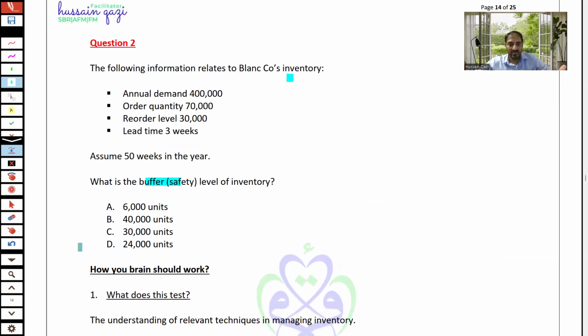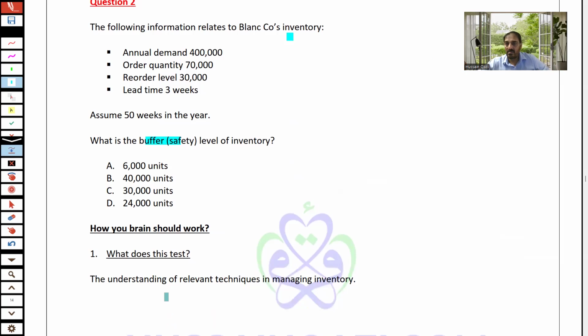Now, how should your brain work? Understand the relevant technique of management in managing inventory. Very simple. That's buffer inventory. First of all, you have to recall the formula for buffer inventory, or the minimum stock. That's simple: reorder level, which is given, minus average demand and average lead time.